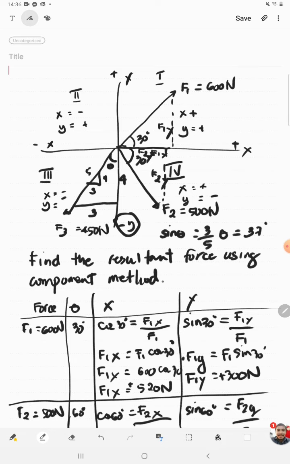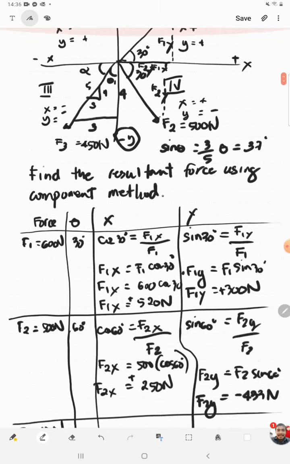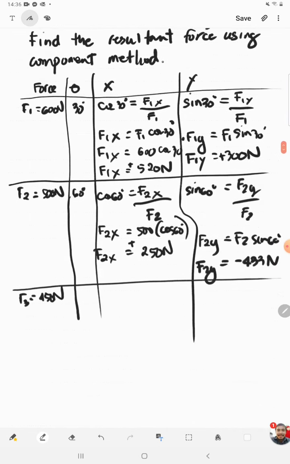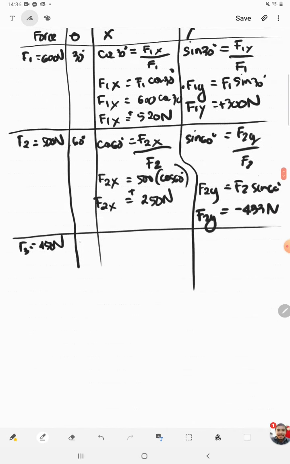So this angle is 37 and this angle here is 53. You can choose either theta, but we will use this theta, which is 37 degrees.